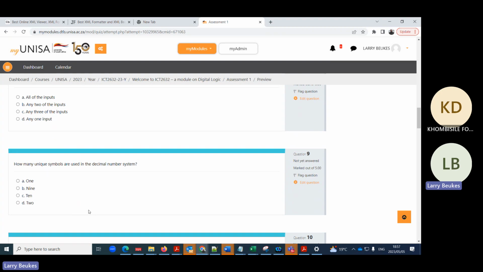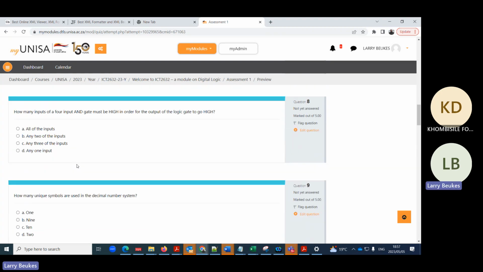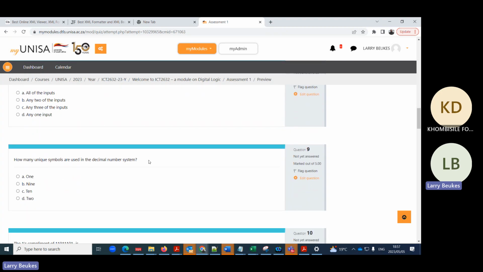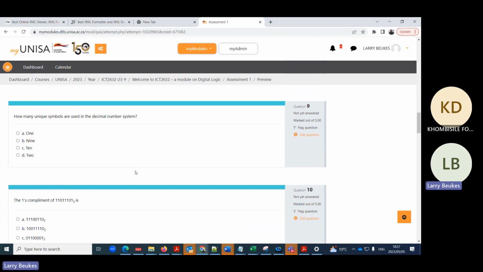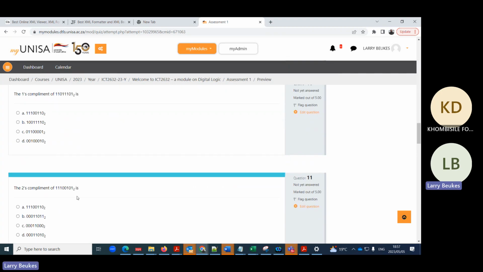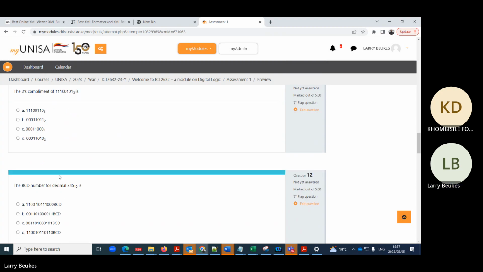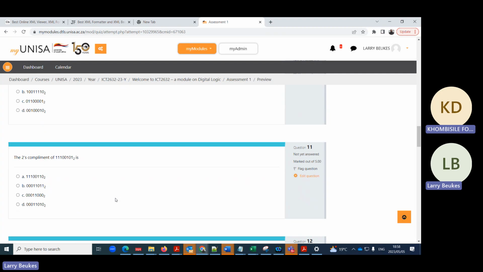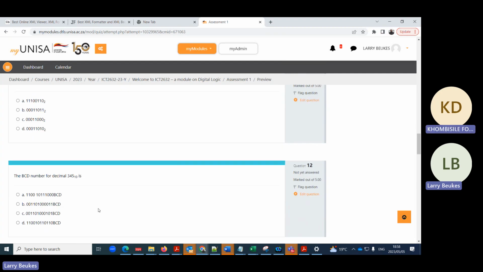We did the truth table in the first session. How many unique symbols in a decimal? Last time, you know the ones complement, the inverse, and the twos complement, inverse then you add one.